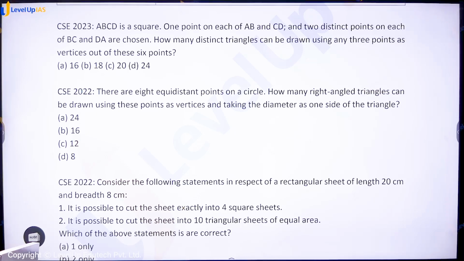Diagonal same रखो, and how many triangles with this diagonal? कितने आए? ये साइड है ना एक, तो ये दोनों गए. Now you just have to choose the third point.